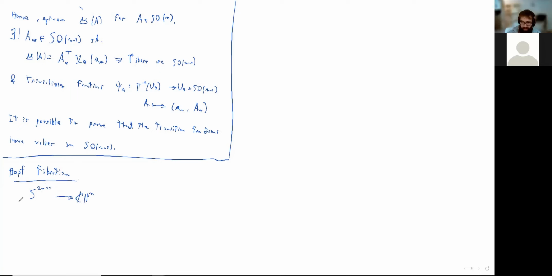You think of this S^{2n+1} as the things of modulus 1 in C^{n+1}. If you take everything of modulus 1, this is simply S^{2n+1}, and you send it to the corresponding point in CP^n. Turns out this is also a principal bundle with fiber S^1. So this is the Hopf fibration.